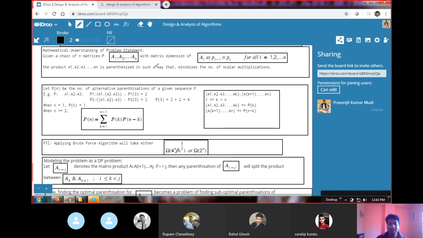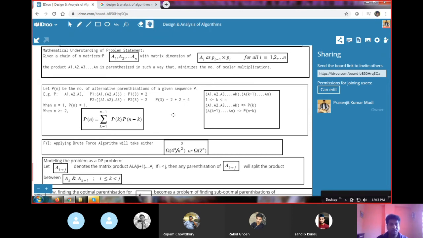Then the product is parenthesized in such a way that it minimizes the number of scalar multiplications.